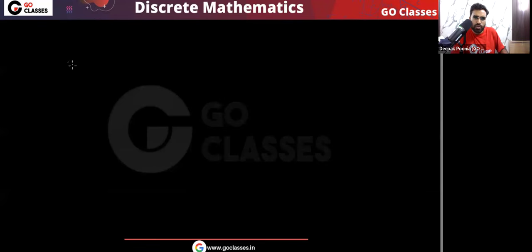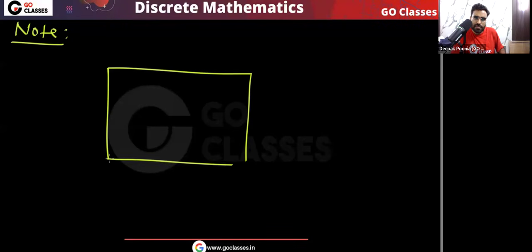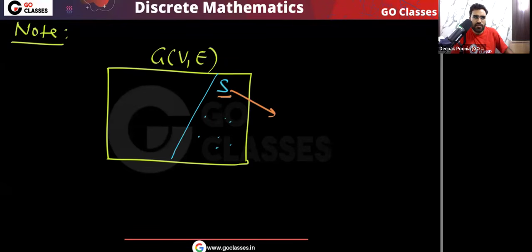Option B is basically correct because you already know this. We have already seen that in any graph G, if you have a subset S of vertices, and let's assume that this S is a vertex cover. Here they are using C. They are saying that C is a vertex cover.